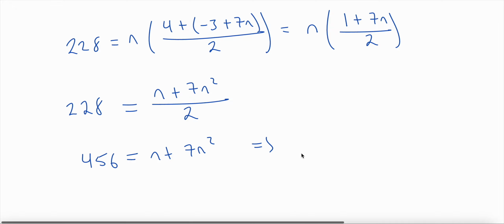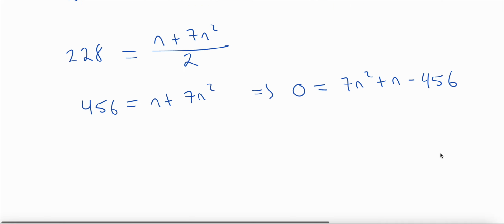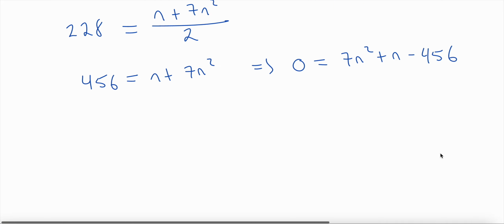Bringing that 456 to the right, we get 0 equals 7n squared plus n minus 456. Now from here, I'm going to recommend using the quadratic formula to solve for n.